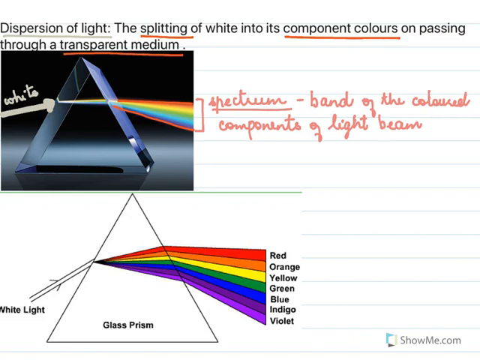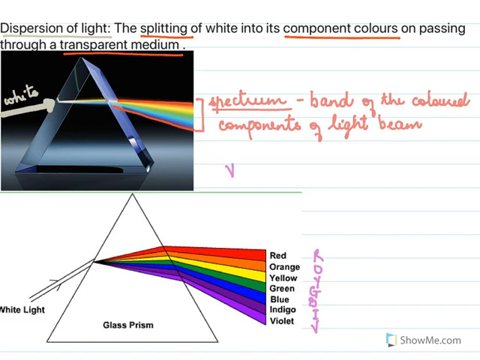Now remember, they are not just 7 colors, they are much more than 7 colors, but for convenience we can distinguish them into these 7 colors. And how do we remember these 7 colors? You can remember this by the acronym VIBGYOR. So here first you have the red, the orange, the yellow, green, blue, indigo and violet.